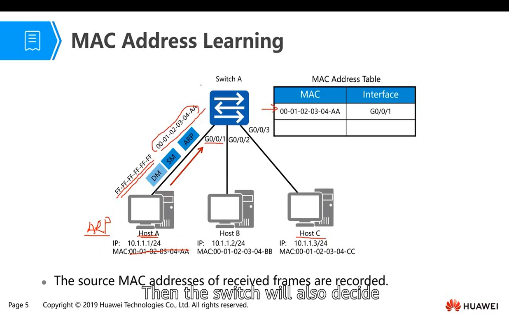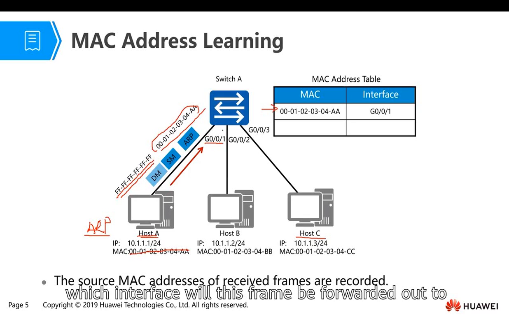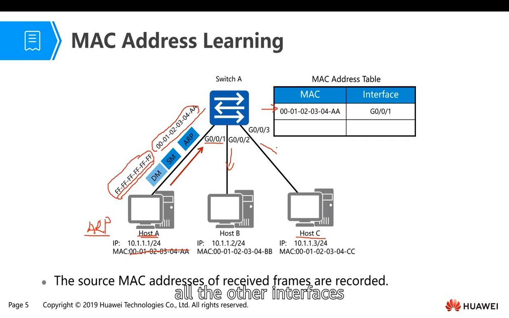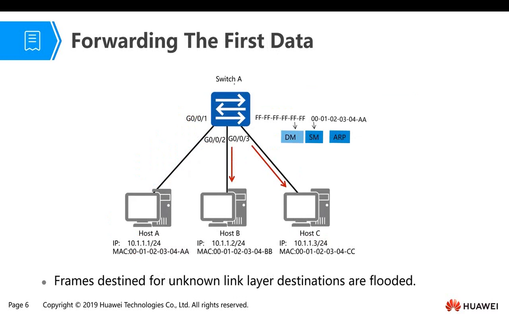The switch also decides which interface this frame will be forwarded out of. It looks at the destination MAC address, which is a broadcast, all ones. Then this frame is forwarded out of all the other interfaces. We call this method flooding.